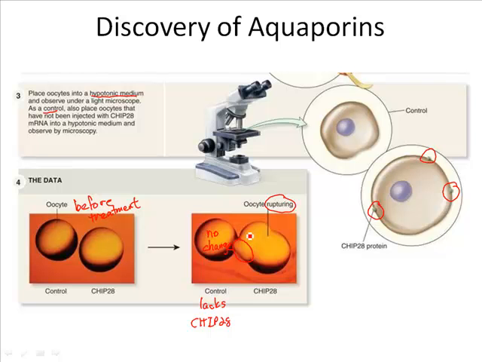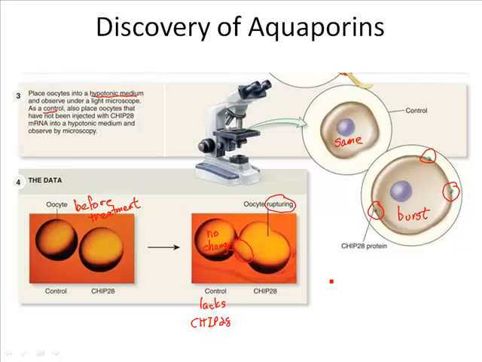So now they've repeated the experiment multiple times. In every case, they see this cell bursts while the control cell remains the same. Do these results support the hypothesis that CHIP28 acts as a water channel?